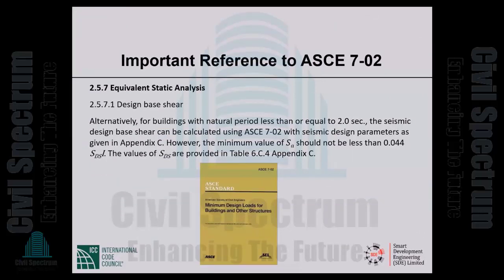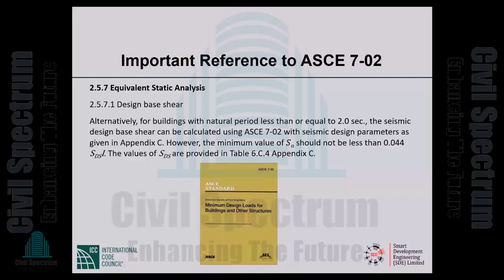ASCE 7-05 is the base document, but in one place, and I found it curious, there is reference to ASCE 7-02. So this is the equivalent static analysis. This is actually a very important provision.